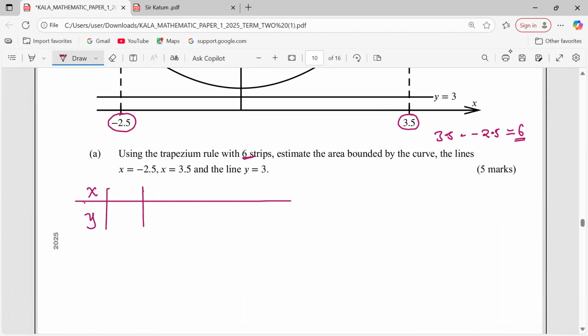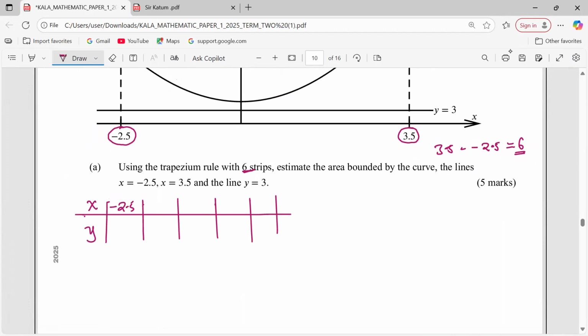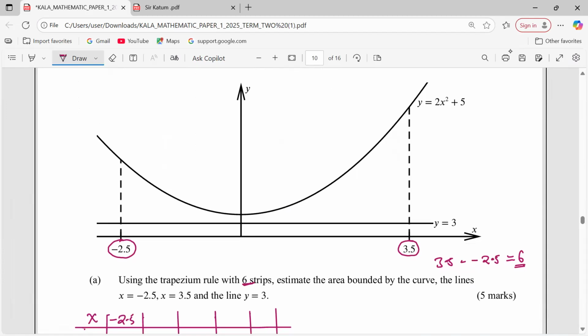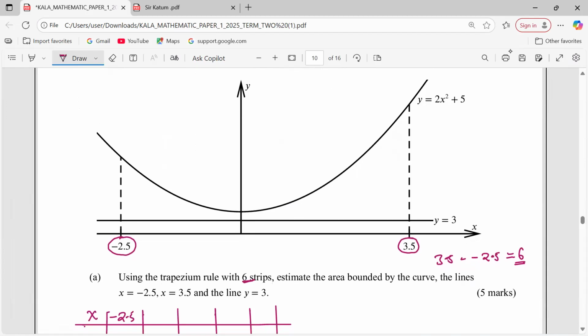Need 6 of them. The first one is negative 2.5. When we substitute negative 2.5 in the function y equals 2x squared plus 5, we get 2 into negative 2.5 squared plus 5.